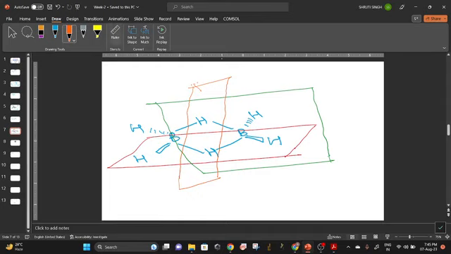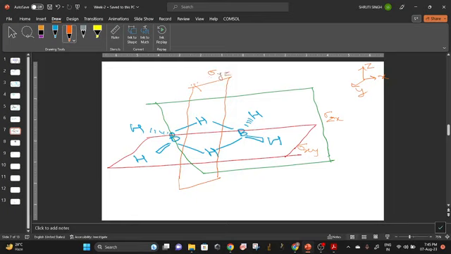Everyone okay with this? So let me name these. This is x, this is y, this is z. So the red one is xy, the green one is xz, and this one is yz.